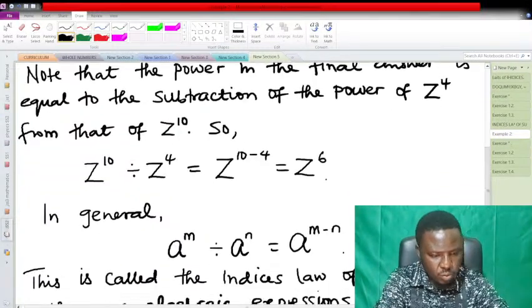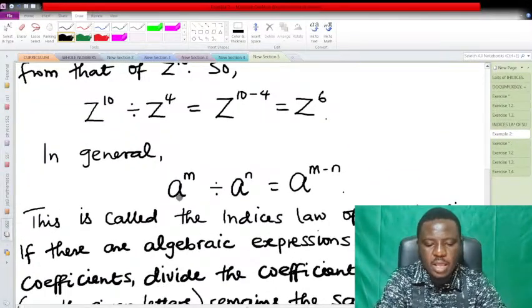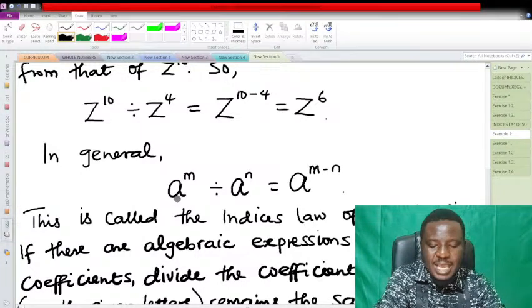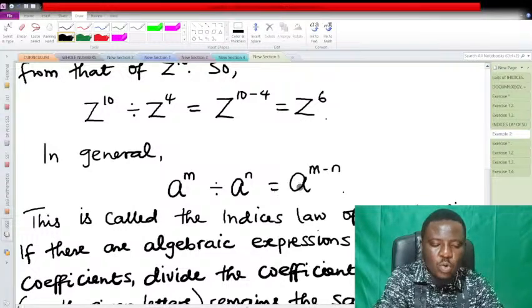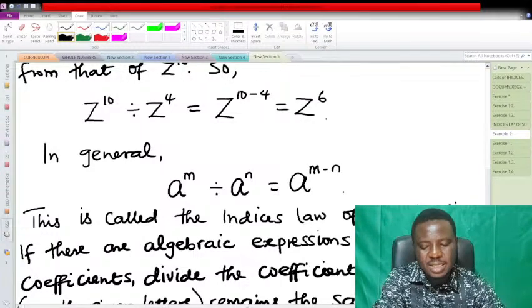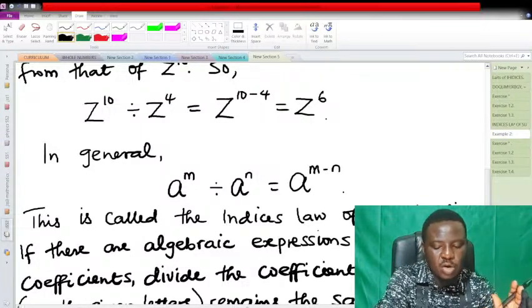So, in general, if you have two indices, a raised to the power of m divided by a raised to the power of n, it will be equal to a raised to the power of m minus n. This is called the indices law of subtraction.